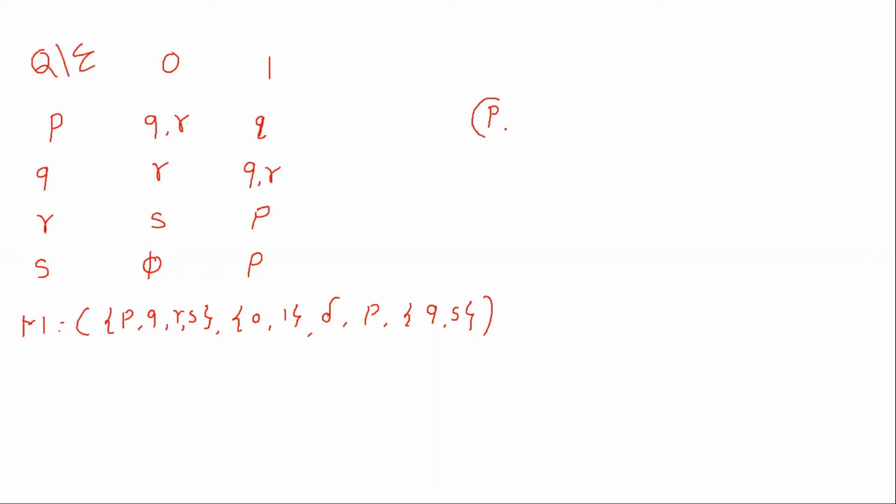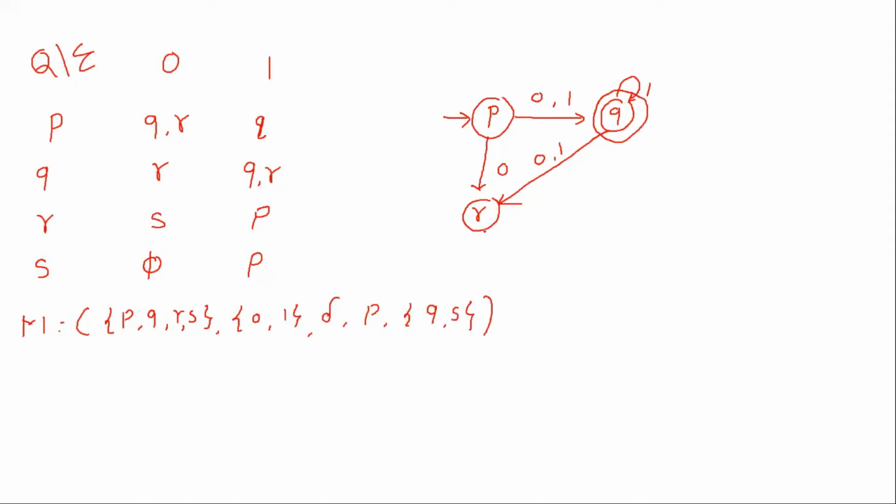So here P, the initial state, for the input 0, 1 goes to Q, as well as for the input 0 it goes to R. Then Q state for the input 0 and 1 goes to R, as well as for 1 a self loop, and this is the final state.